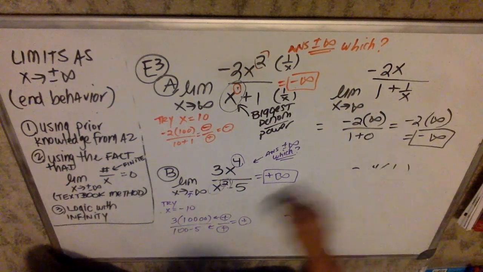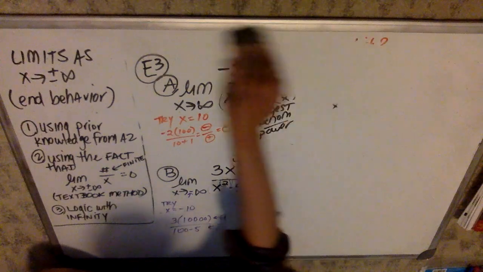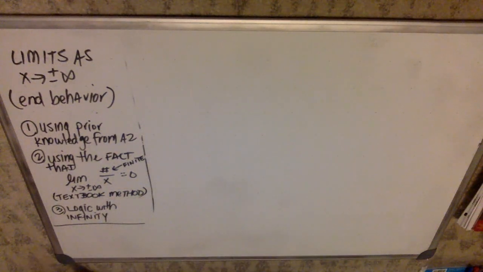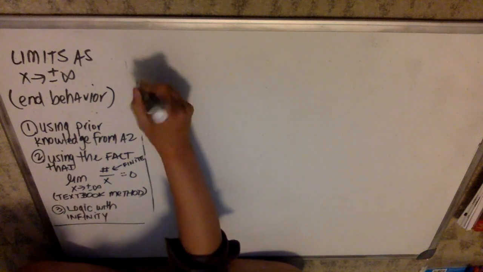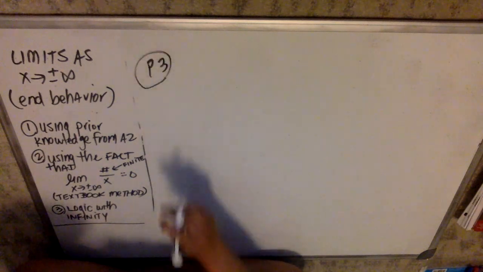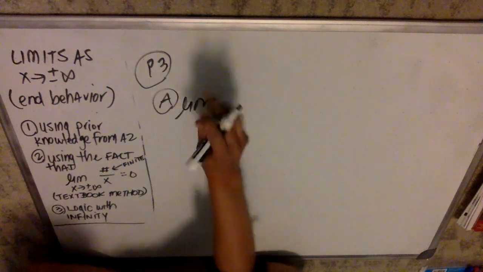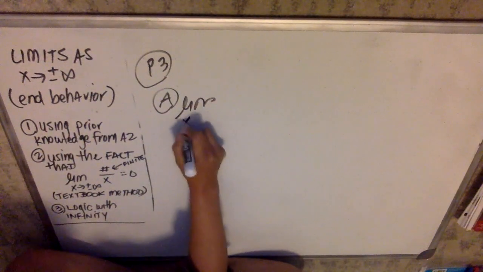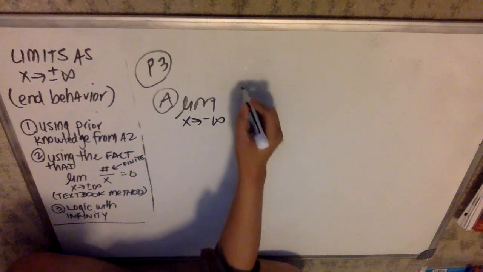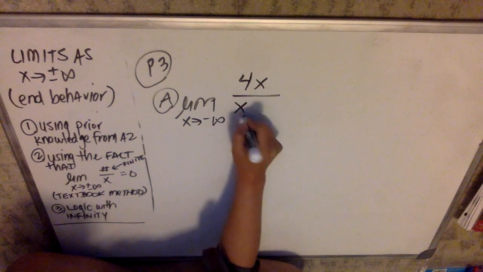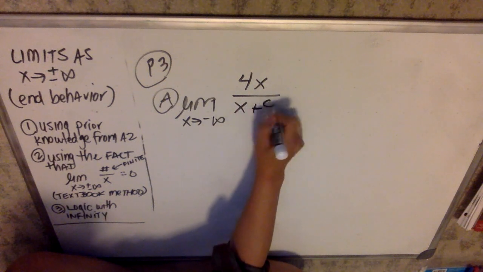All right, so let me give you a P3 to try. And again, I don't really care which way logically you choose to do this, but let's go ahead and try P3. Let's do the limit as x approaches negative infinity of 4x squared over x plus 8.